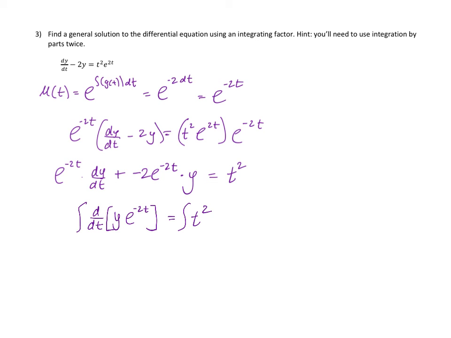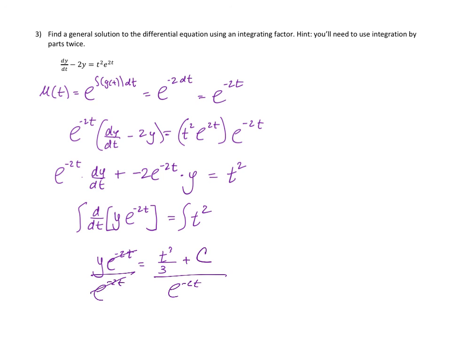Okay, so the antiderivative of the derivative of y e to the negative 2t is y e to the negative 2t equals the antiderivative of t squared, which is t cubed over 3, plus c. And then I just need to get the y by itself, so I divide both sides by e to the negative 2t.